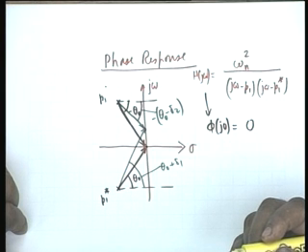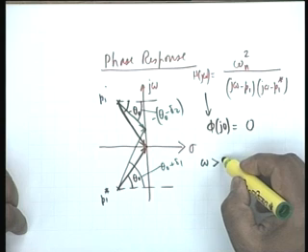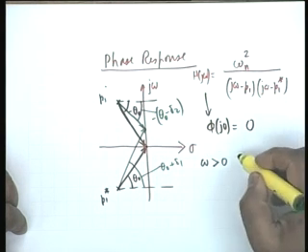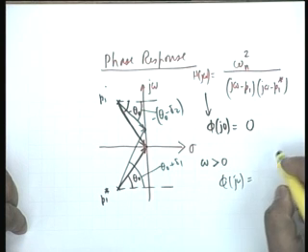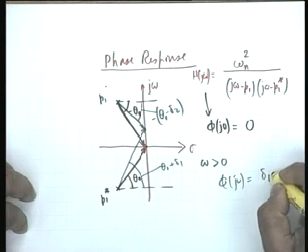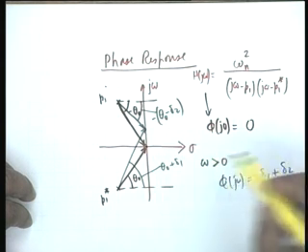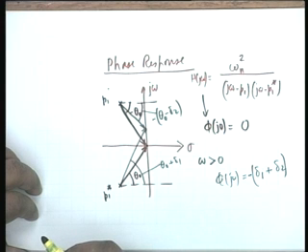Agreed? And as omega is greater than 0, the sum of them, the phase now becomes, with a negative sign, minus (delta 1 plus delta 2). All right.